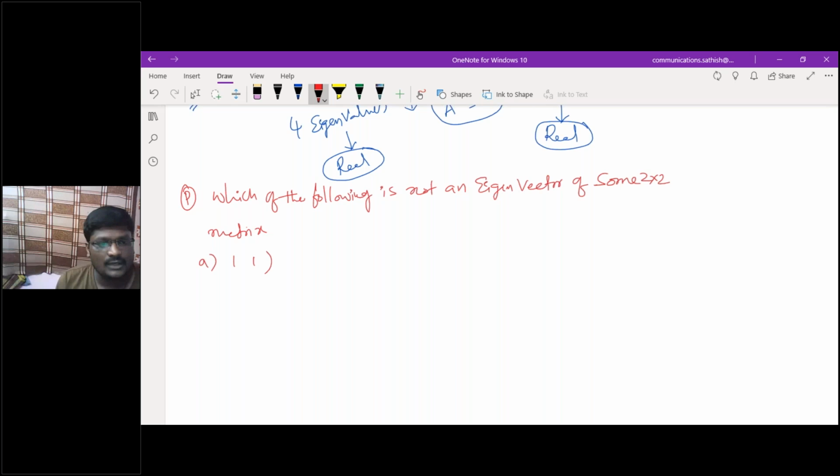Option A 1 1 transpose, B 1 0 transpose, C 0 0 transpose, D 0 minus 1 transpose.